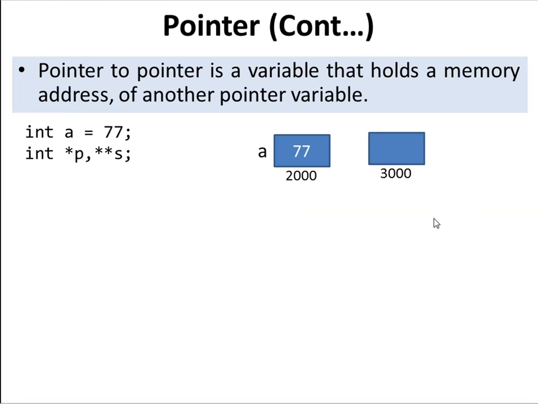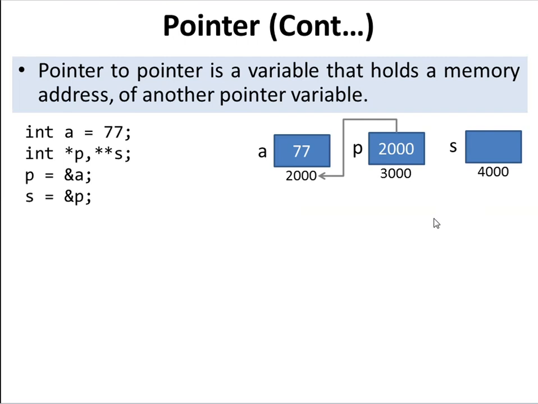Suppose here we declare one pointer p whose address is 3000, and another pointer s is declared whose address is 4000. p equal to &a, as we know, assigns the address of a, 2000, to p, which means it is pointing to the variable a.